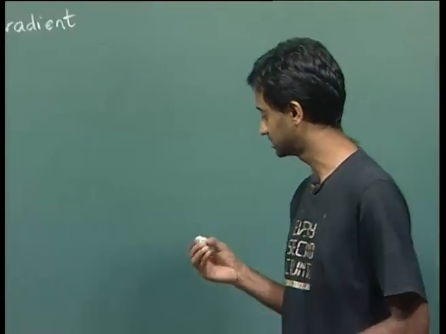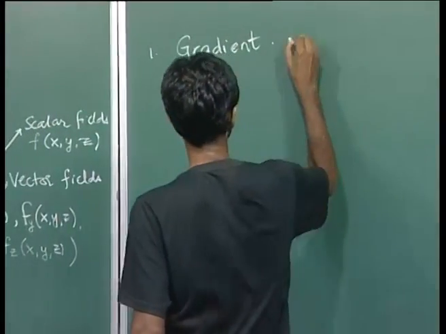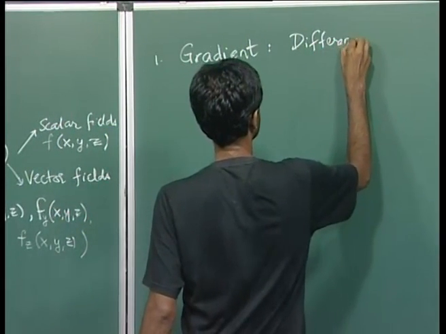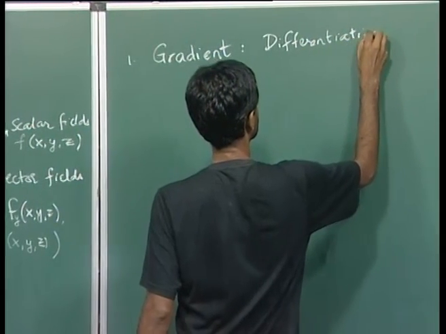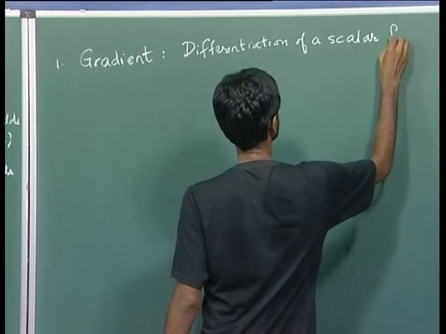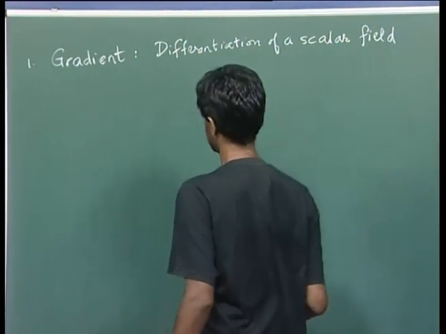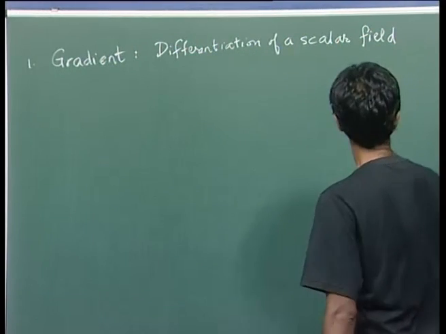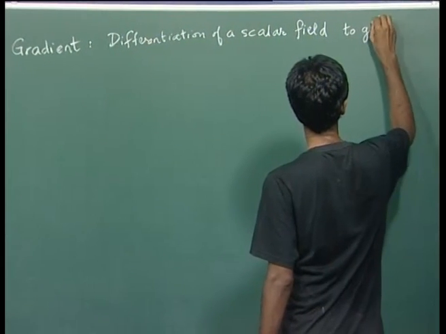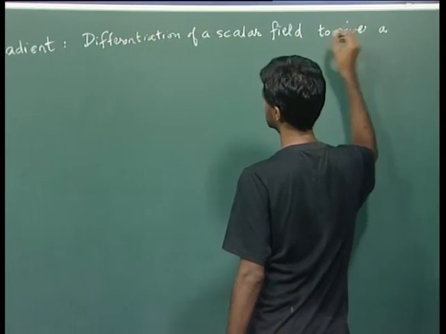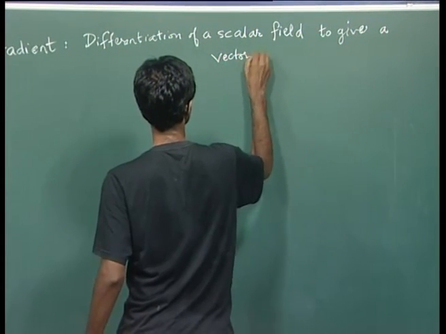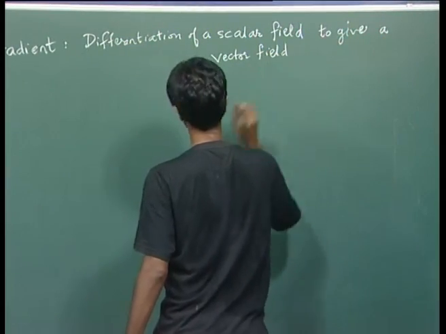Okay, so the first one we will consider is the gradient, and the gradient corresponds to differentiation of a scalar field, and it is always with respect to a vector, and this gives a vector field. Okay.